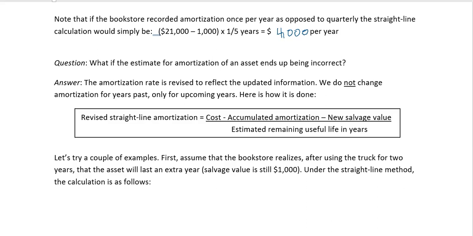So we're going to go into a couple of examples. First, assume that the bookstore realizes, after using the truck for 2 years, that the asset will last an extra year, but the salvage value is still 1,000. Under the straight line method, the calculation is as follows.